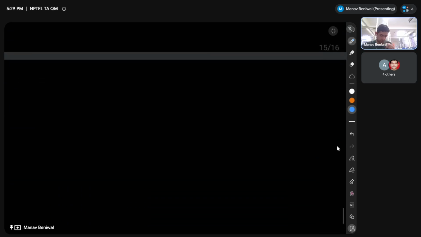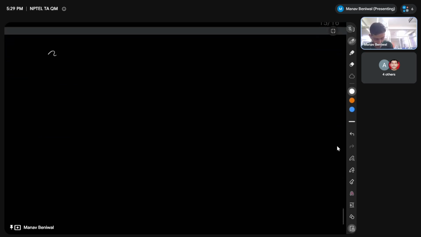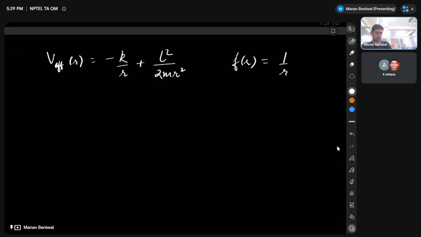So the question is why does the sign of E determine the orbit shape? Let me write the effective potential. So V effective r is minus k over r plus L squared over 2 m r squared. Okay, so this is the effective potential for a 1 over r squared kind of central force.